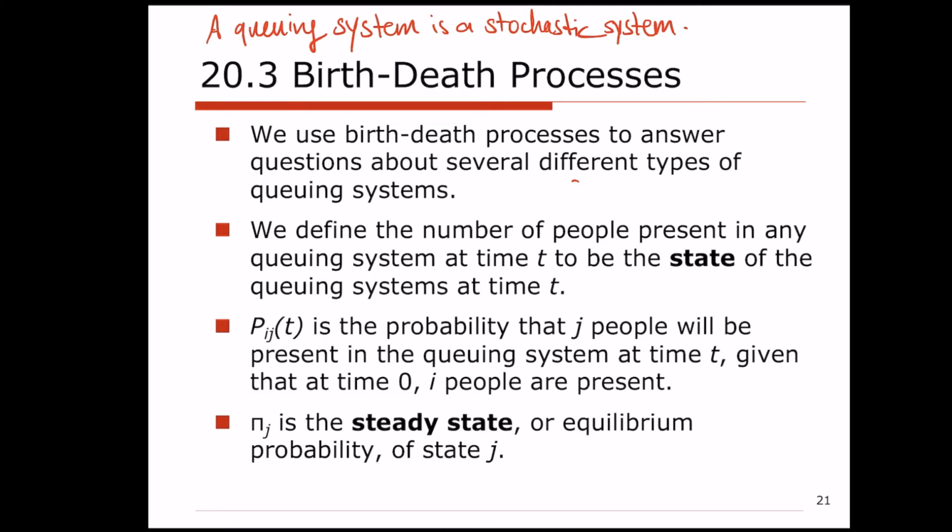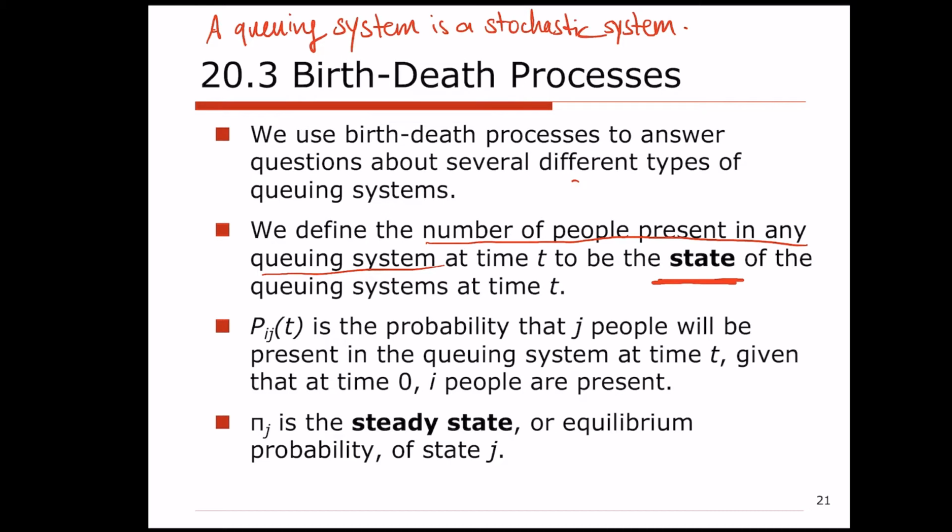So in other words, the number of people present in any queuing system can be one of the characteristics of interest that we want to monitor, and this characteristic is basically the one that is going to form the state of the system.